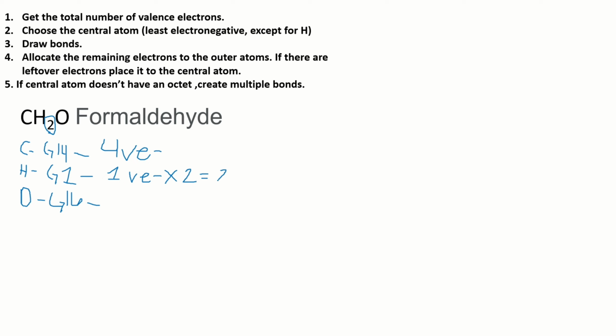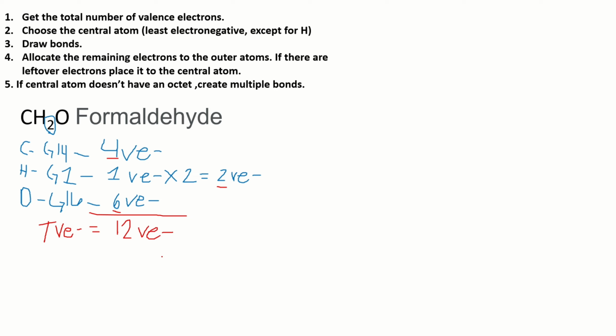The product is 2 valence electrons. And for the oxygen, we have 6 valence electrons. Total number of valence electrons: 4 plus 2 plus 6. We have 12 valence electrons.